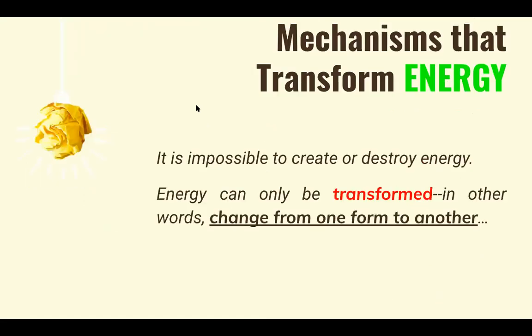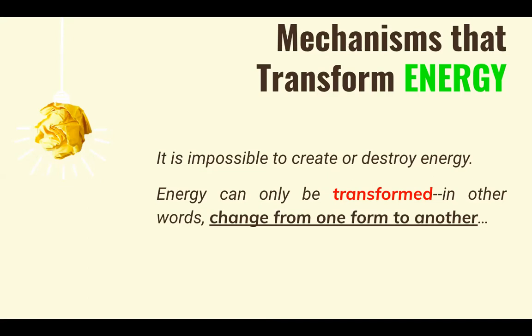We were talking about the idea that sometimes you have one form of energy and it's transformed into another form of energy. One thing you should have remembered from the first lesson is this idea that energy is neither created nor destroyed. Energy is just cycling through the universe, cycling through the earth, and transforming from one form to another, but it's not being created nor is it being destroyed.